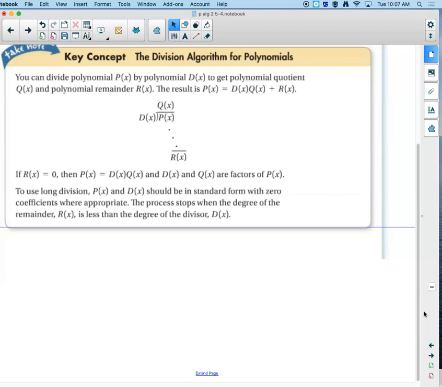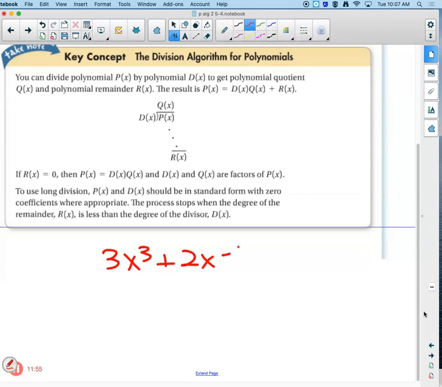To use long division, p of x and d of x should be in standard form. Makes it nice, they're all lined up and everything, with 0 coefficients where appropriate. So let's just say they give us this one. That's missing something, right? So think about standard form. What should we put a 0 in for?